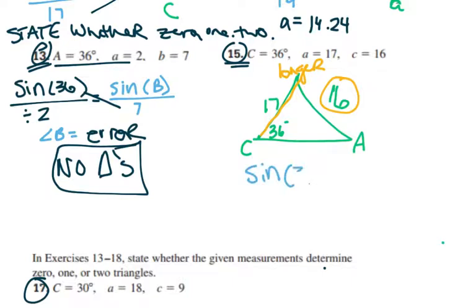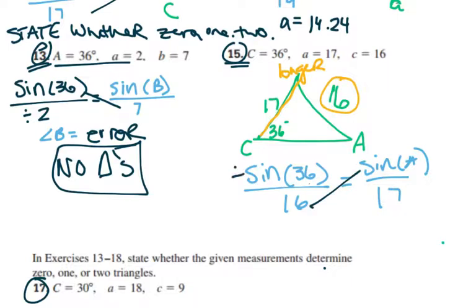So we're looking for sine of 36 over 16 equals sine of the A angle over 17. And so we need to cross multiply, as I just said, divide, but then take the sine inverse of the sine of A, which is what we would get.